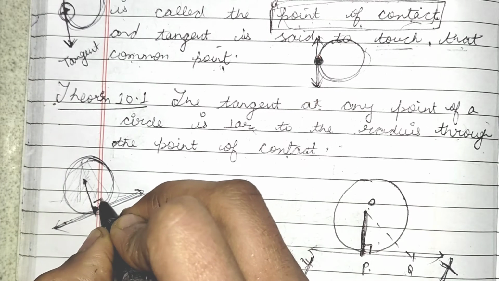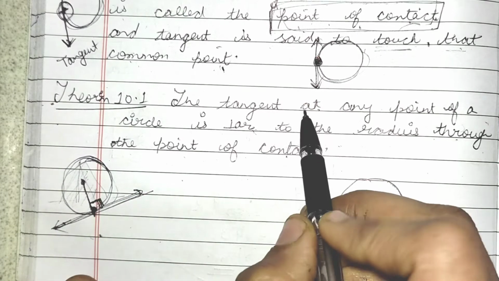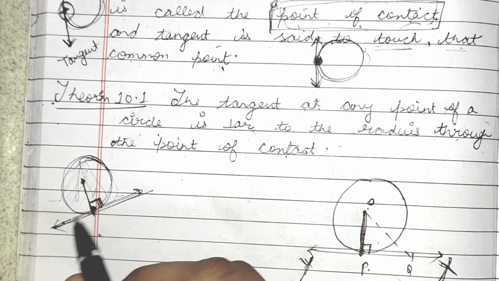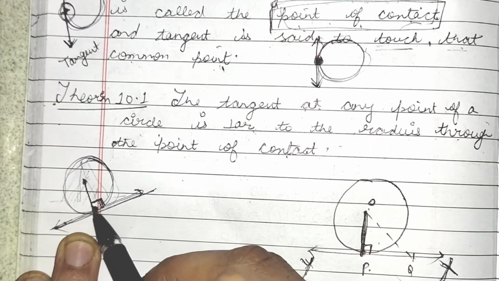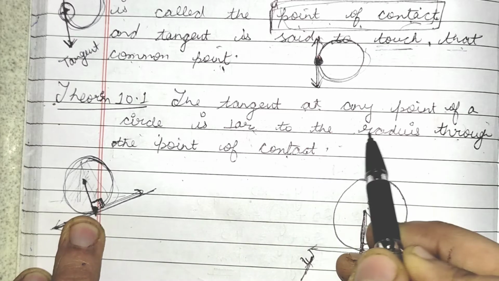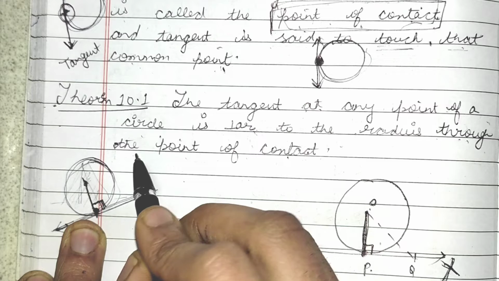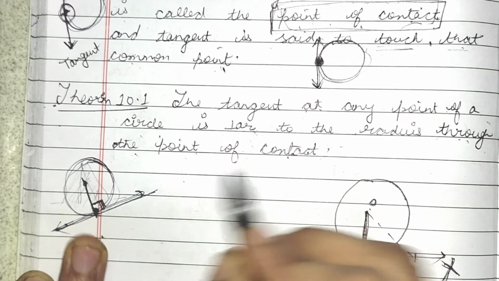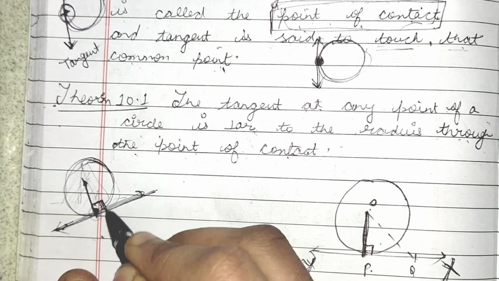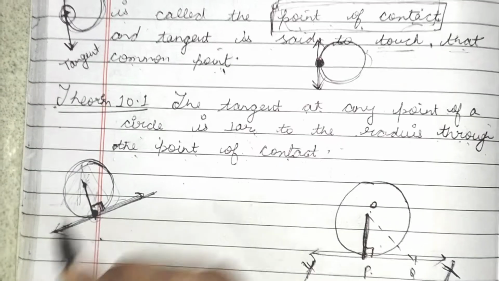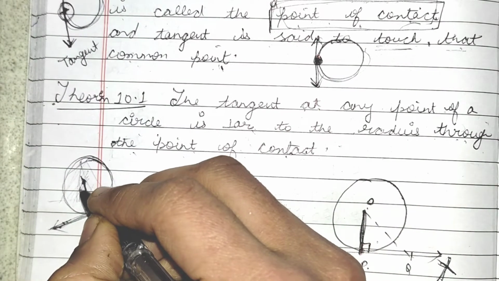So what do I have to prove? I have to prove that the tangent at any point of a circle is perpendicular to the radius through the point of contact. It means that through the point of contact the tangent is perpendicular to the radius, not at any other point.